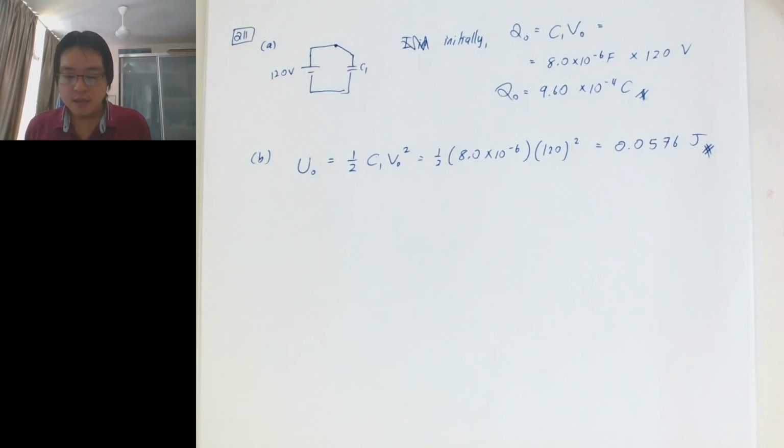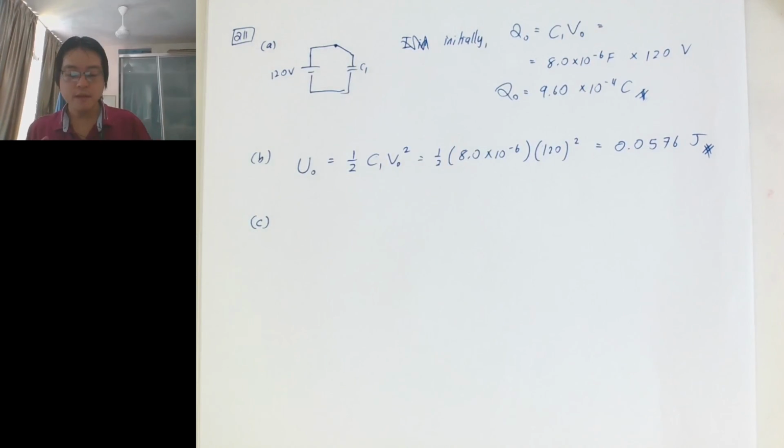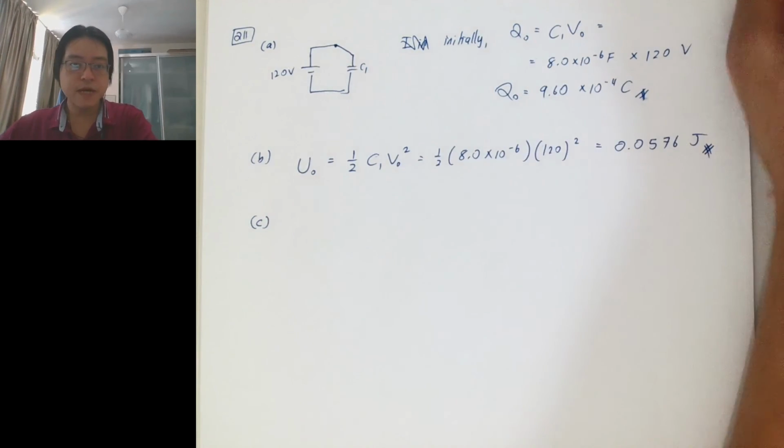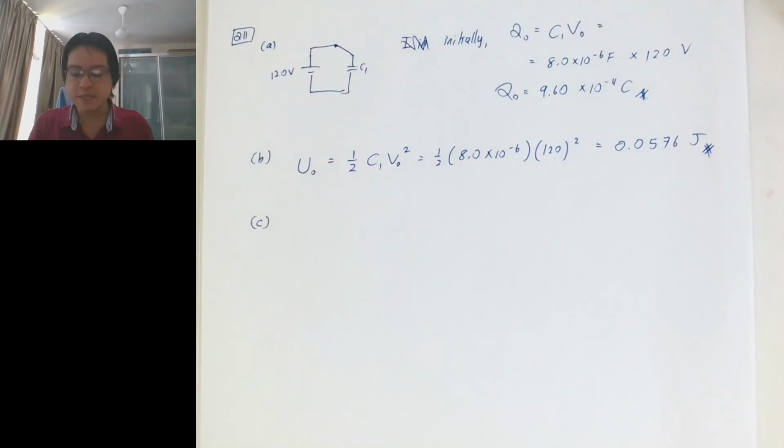Okay. Now let's look at part C. So what is the issue with part C? For part C, I have three capacitors in series. Let me make things a bit more convenient by finding an equivalent capacitance first.